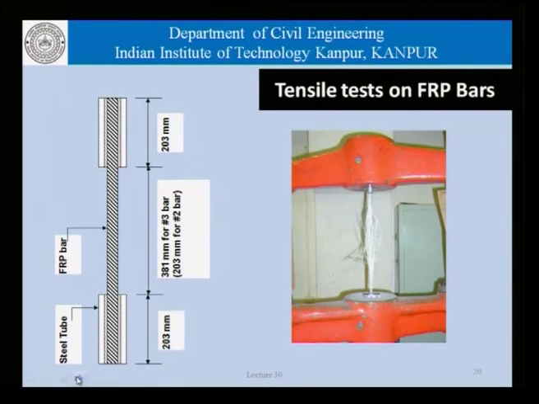This is how the FRP bar fails. It is a very brittle failure, destructive in nature, and does not give us any time as far as necking is concerned. So, there is absolutely no large deformation region.